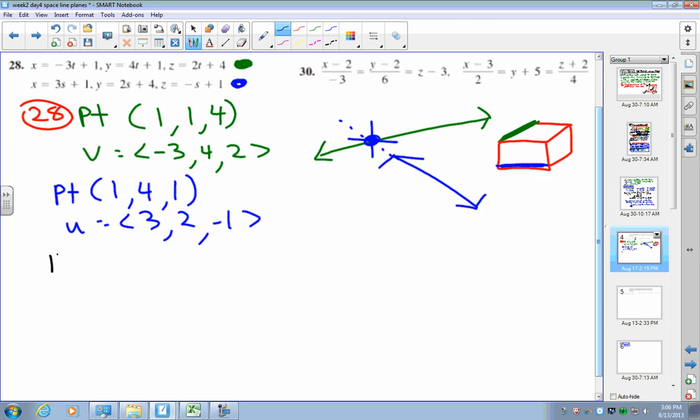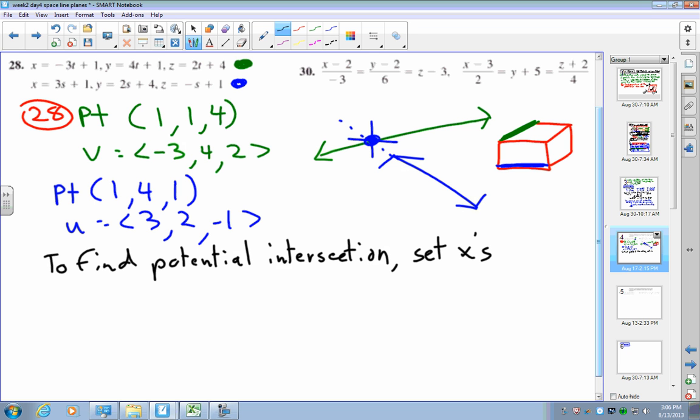So to find potential intersection, we're going to set x's equal, y's equal, z's equal. Okay?